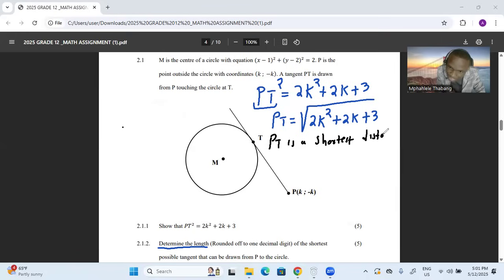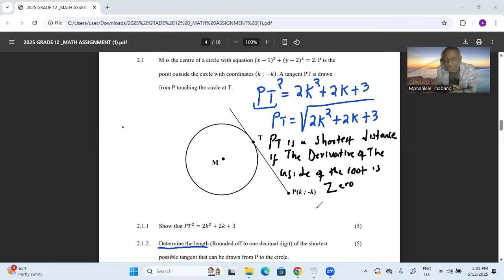if the derivative of the inside of the root is 0.